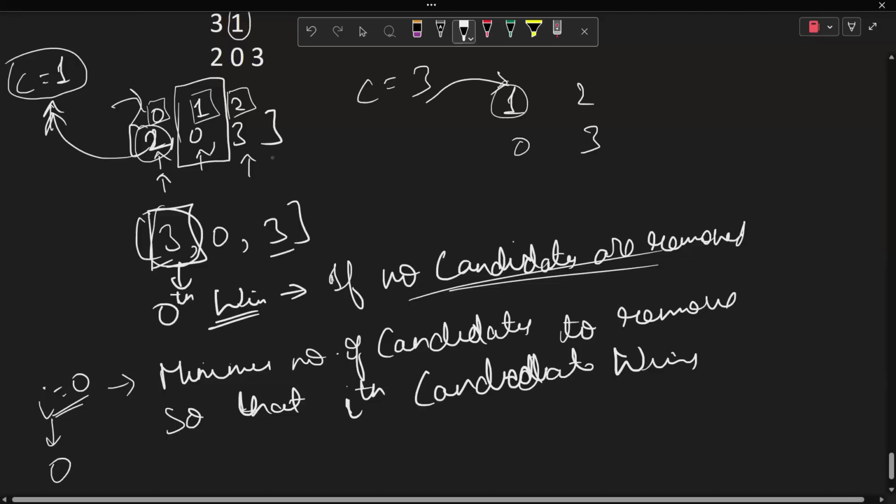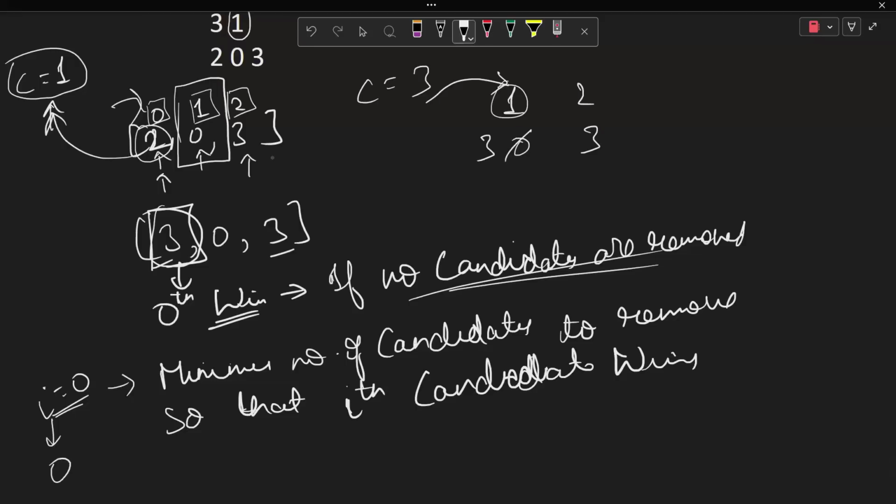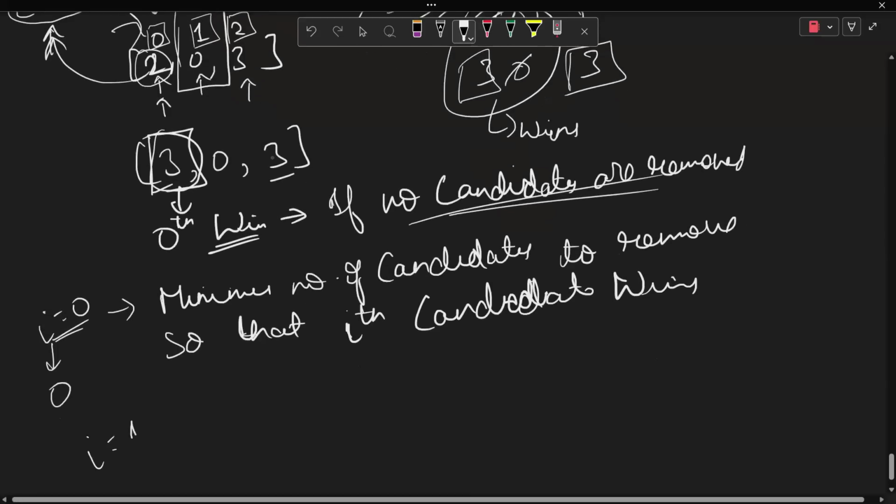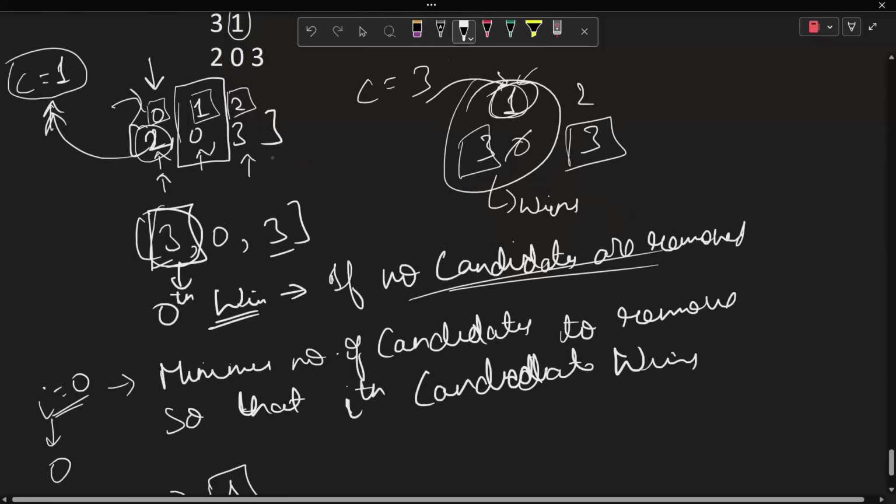Now the lowest number is one, so these three would vote for him. So one would get three votes, two would get three votes, and the lower number, one, wins. So if we remove candidate number zero, we can make candidate number one win. So for i equal to one, our answer would be one. We need to remove one candidate.